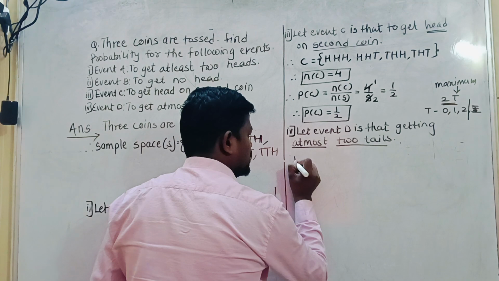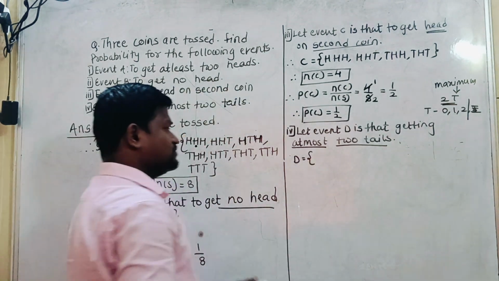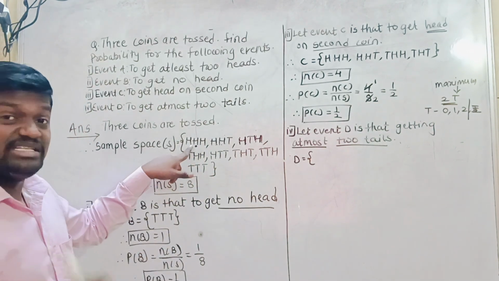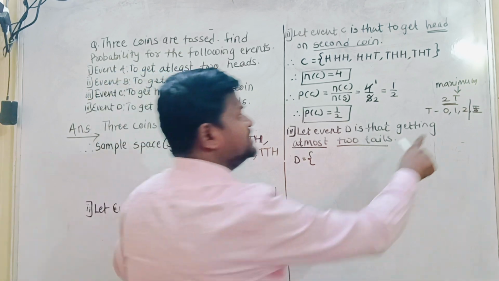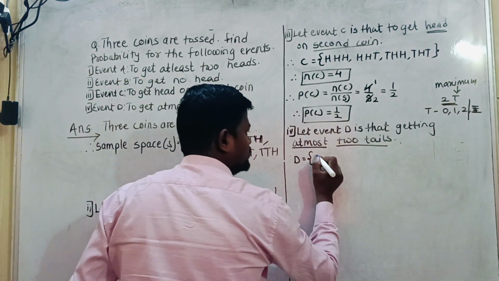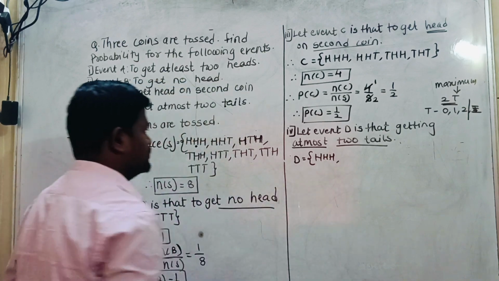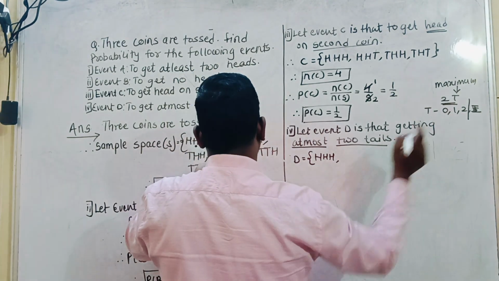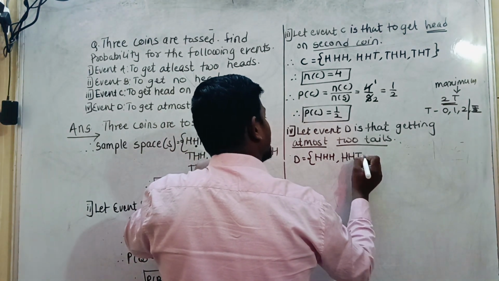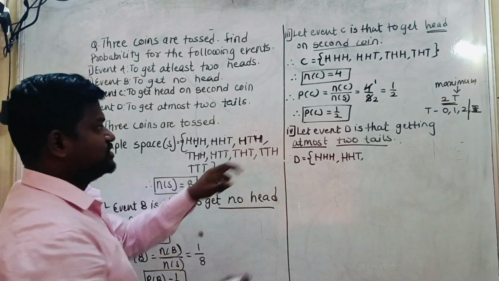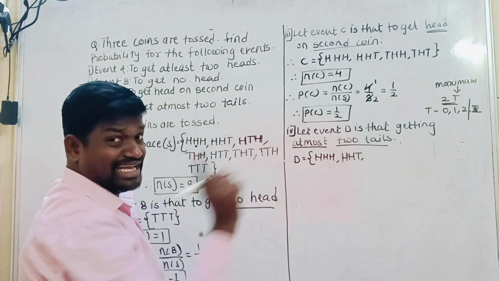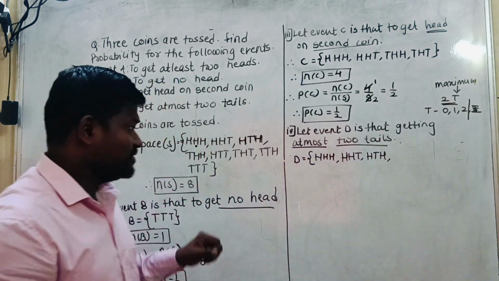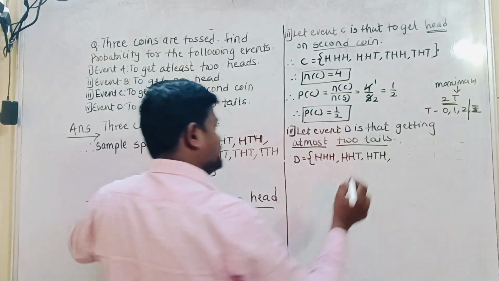So let's check out our sample space first. See here, H, H, H. We don't get any T, meaning we find 0 tails. So we consider it. Write down our answer here, H, H, H. See here, we can get 1 tail. So 1 is allowed. Write down H, H, T. In the next we find 1 tail, so it is allowed. Write down H, T, H. Then here also we find 1 tail.